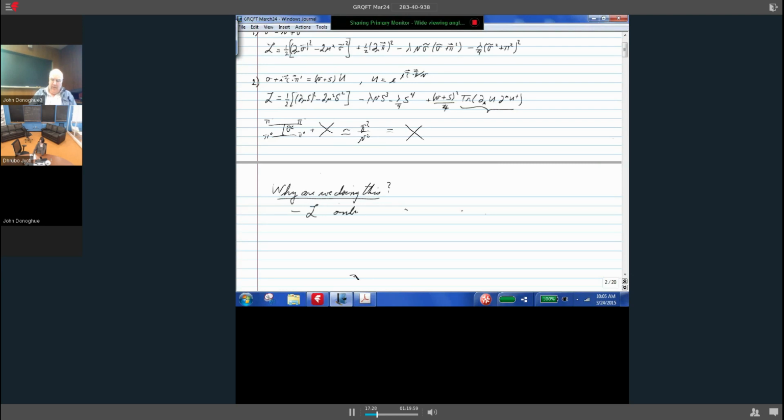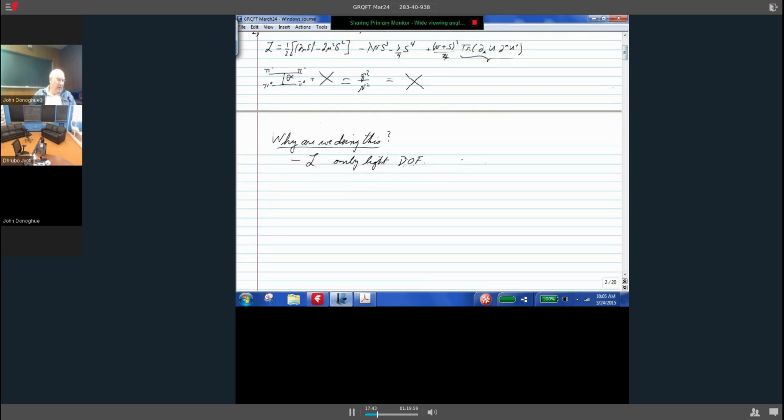So why are we doing it? The goal here is to write a Lagrangian with only the light degrees of freedom. The heavy ones aren't active at low energies, and so there's really no reason why you need them.